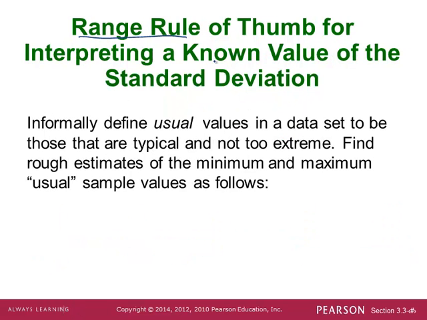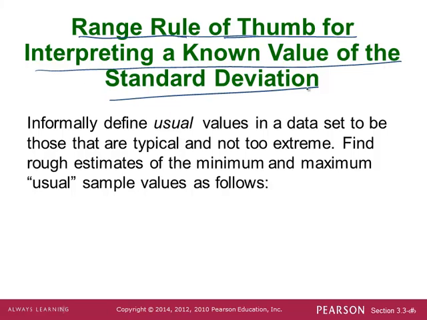So here's the range rule of thumb, a rule of thumb for interpreting a known value of the standard deviation. Basically, when you have an observation that is beyond 2 standard deviations of the mean, we would call that an extreme or unusual value.